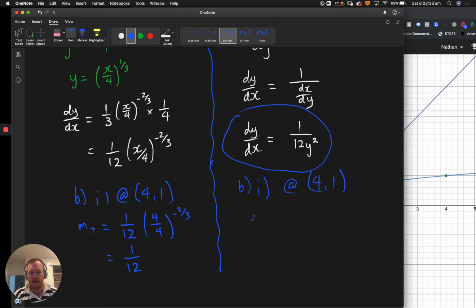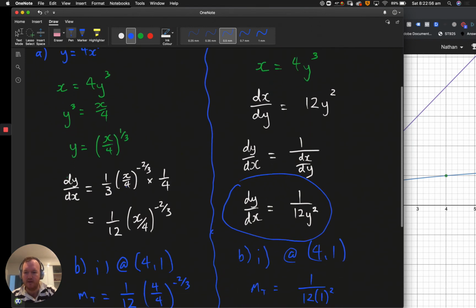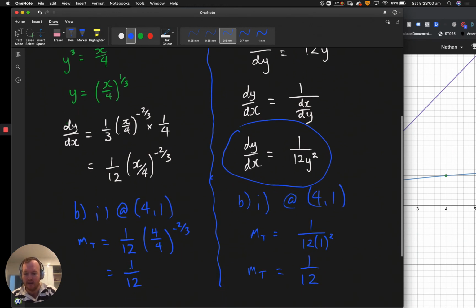So the gradient of the tangent using dy/dx in terms of y is going to be 1 over 12 subbing in the y. So it's just going to equal 1/12 for the gradient of the tangent. So I said two ways of doing the same thing. This way we've actually found the inverse function first in terms of y, differentiated that, subbed in the x value, and it's got us the gradient of the tangent being 1/12.